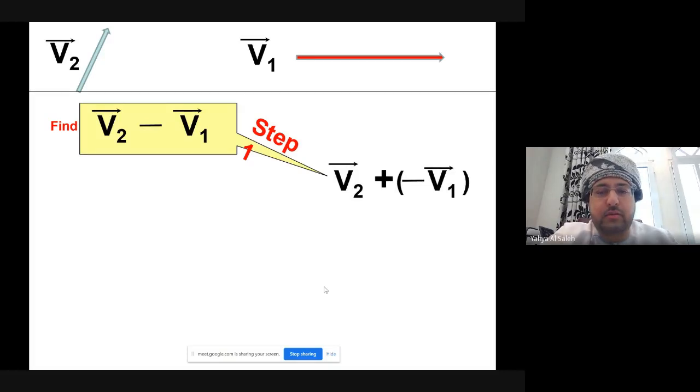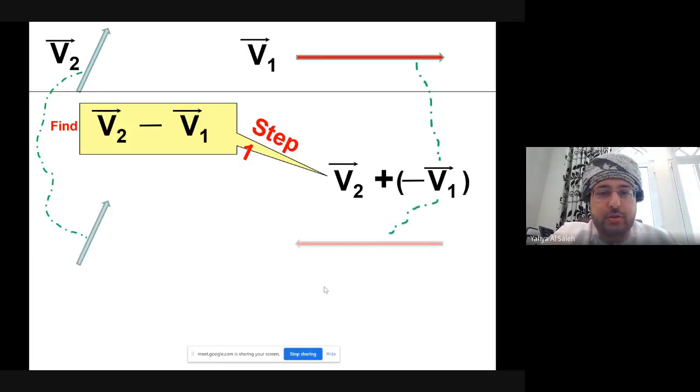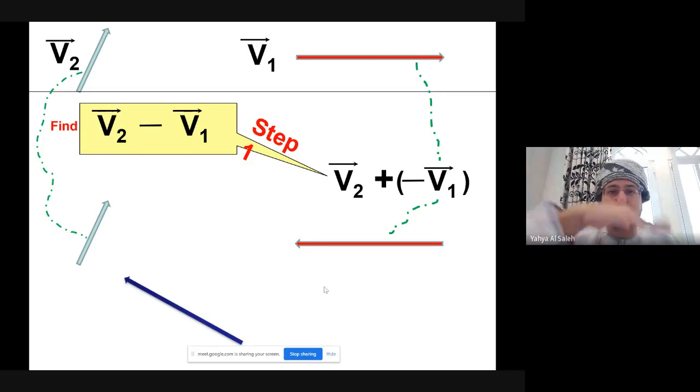Well, step 1, V2 minus V1 is the same as V2 plus minus V1. This is simple arithmetic. So this is V2, this is minus V1, and my result will be in that direction. Forget numbers for the time being, we're just looking at directions. The idea is that to take the minus of a vector, you just flip it.